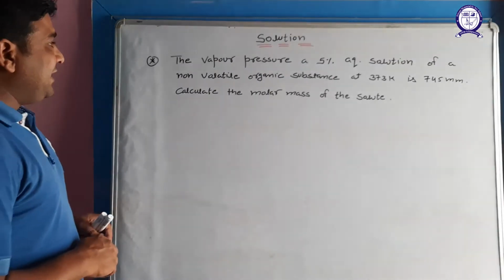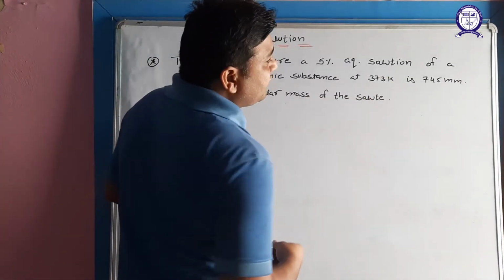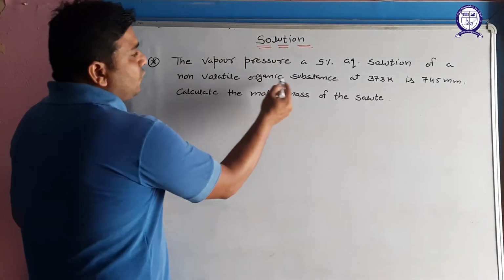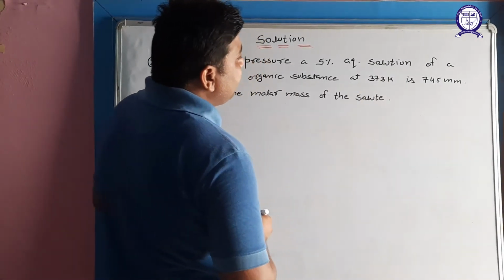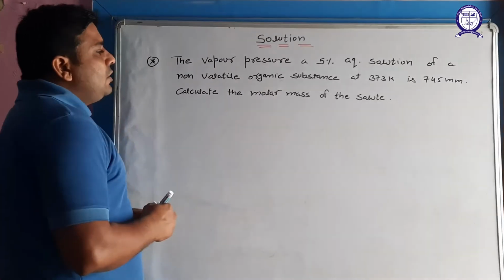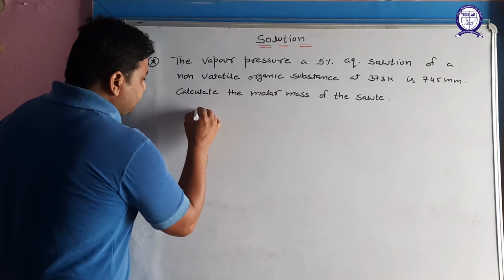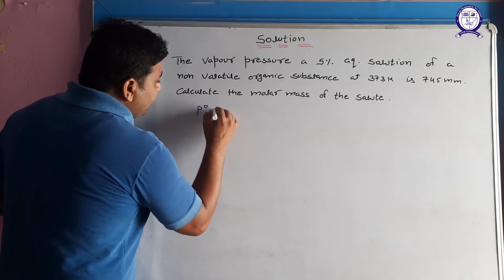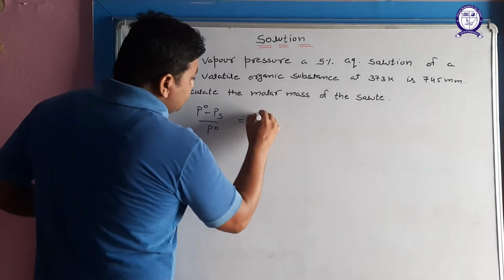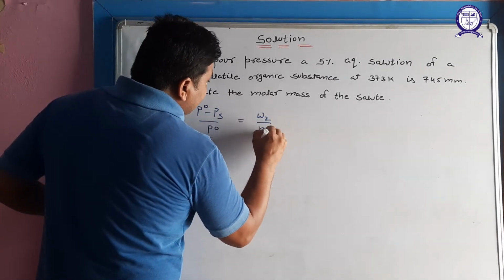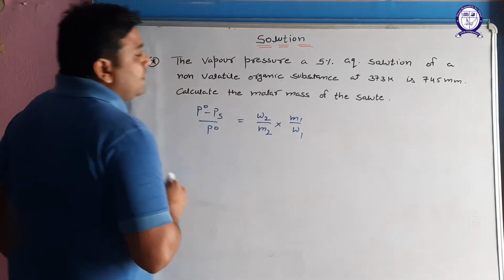Now a numerical for relative lowering of vapor pressure. Statement: the vapor pressure of a 5% aqueous solution of a non-volatile organic substance at 373 Kelvin is 745 mm. Calculate the molar mass of the solute. According to relative lowering of vapor pressure, P naught minus PS by P naught is equal to W2 by M2 into M1 by W1.